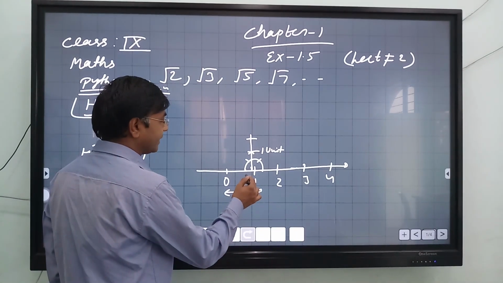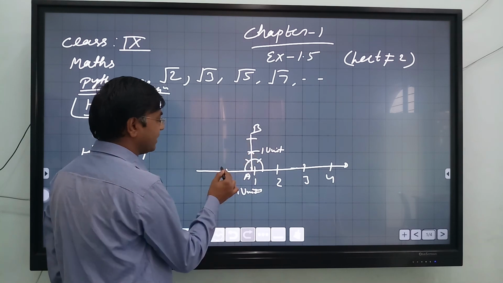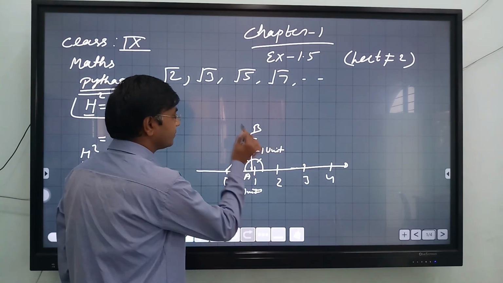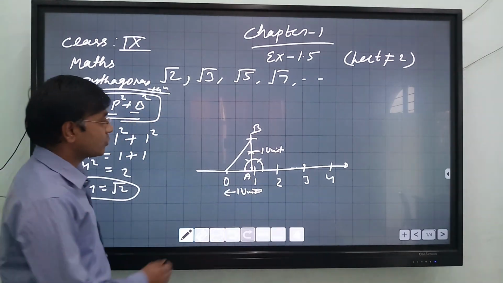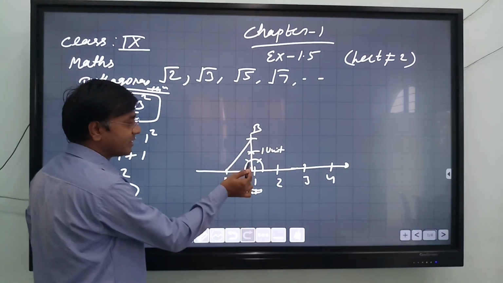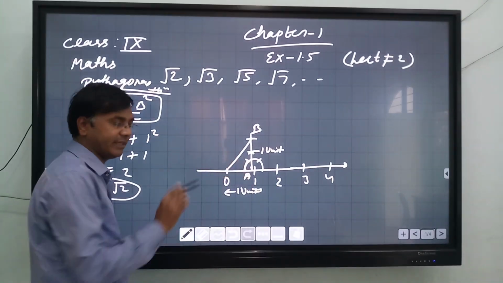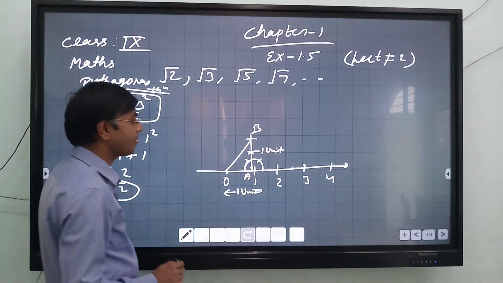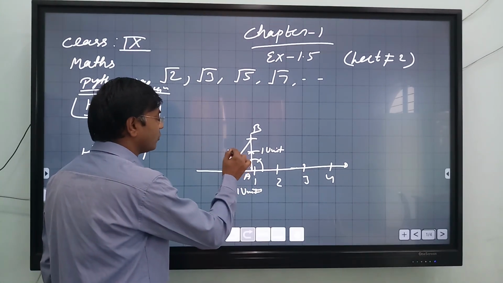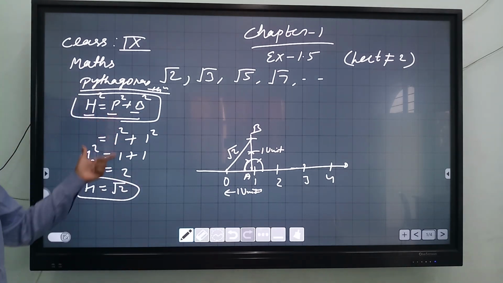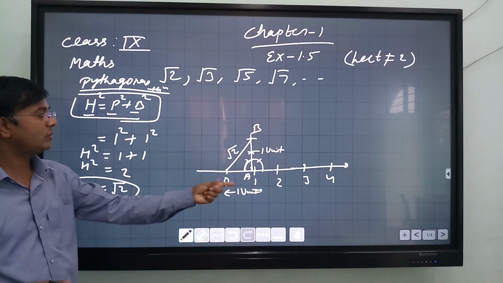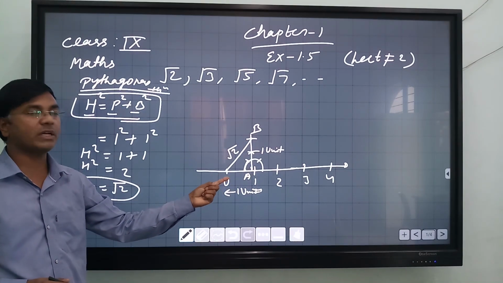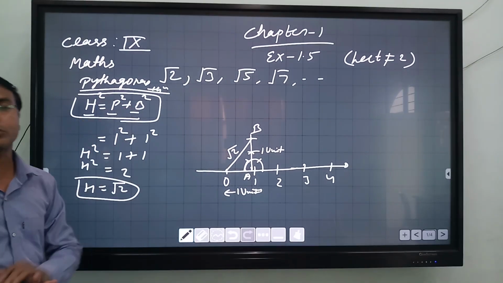Take this point as A, this one as B, join O to B. So this is the hypotenuse, just opposite to this 90 degree angle. And this is under root 2. This is the explanation of why this is under root 2: perpendicular square plus base square, then this length becomes under root 2.